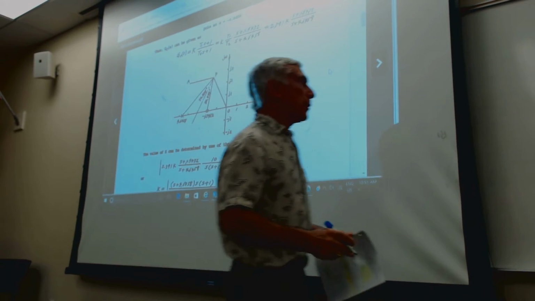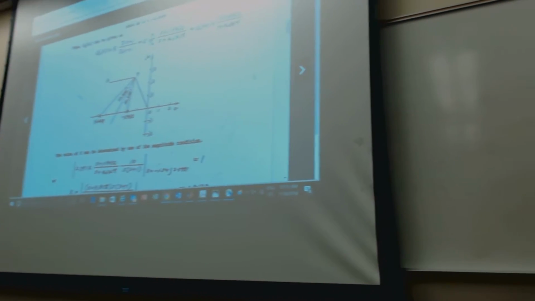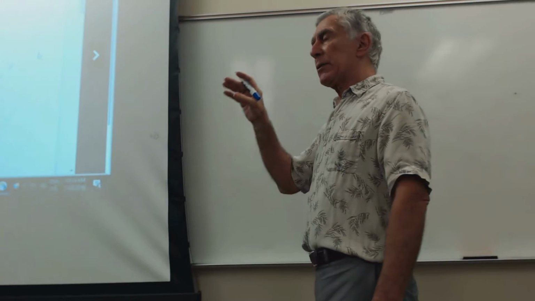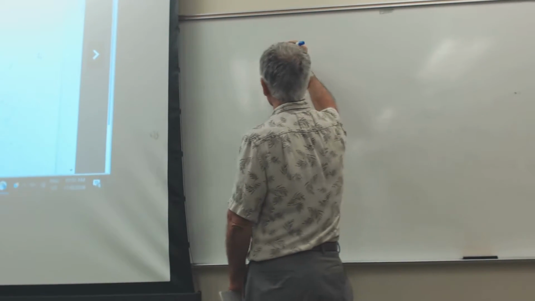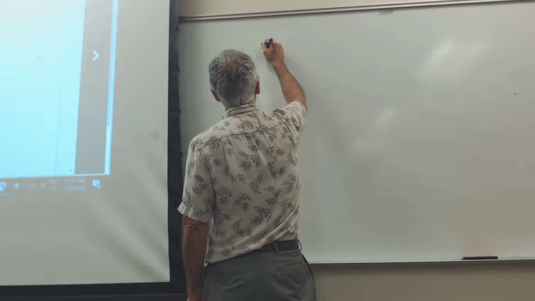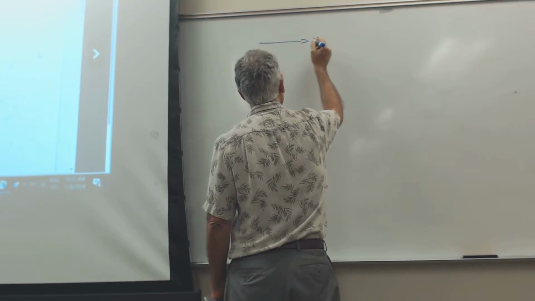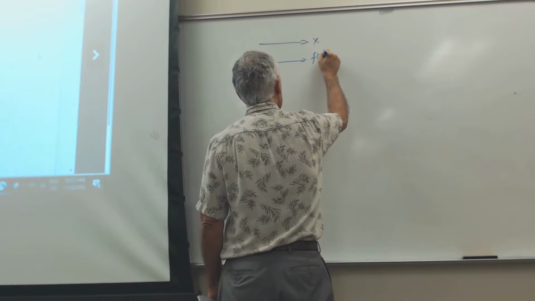So remember, what we're talking about is mapping from a complex plane to another complex plane. And we started out by saying, okay, we can easily map from a real line x to a real line f of x, right?